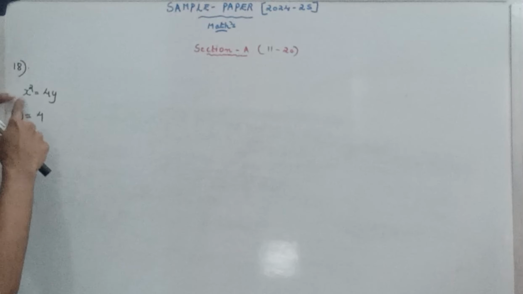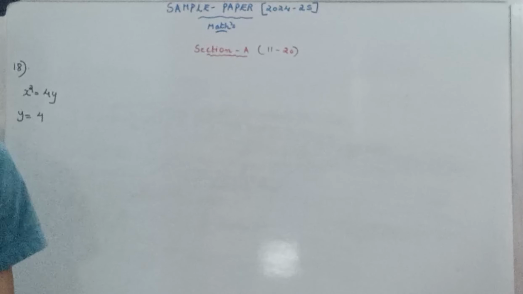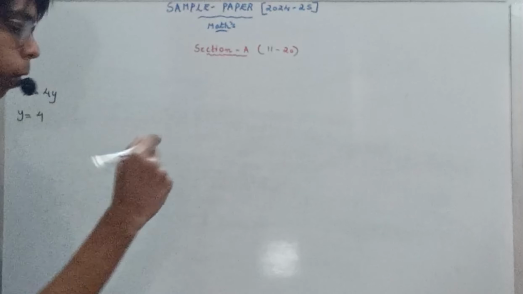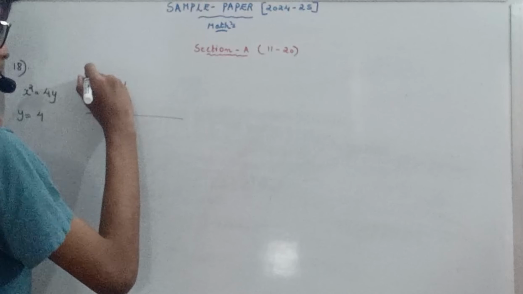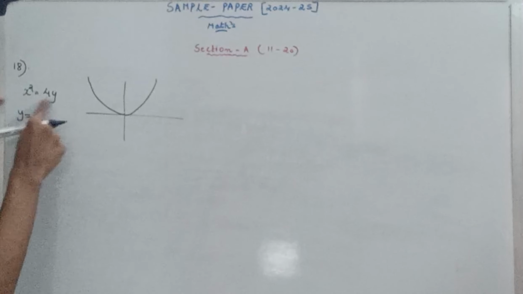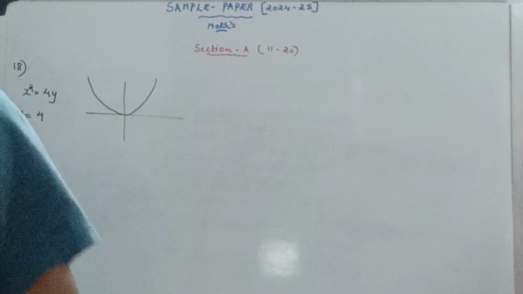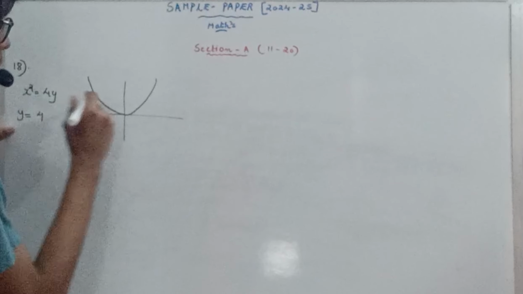Now seeing this x square is equal to 4y, the first thing that should come to your mind is that this is an upward parabola, isn't it? x square is equal to 4ay, it is of that form. So first of all, we have to draw the figure. This is an upward parabola, and we need to find the area bounded between x square is equal to 4y and y is equal to 4.